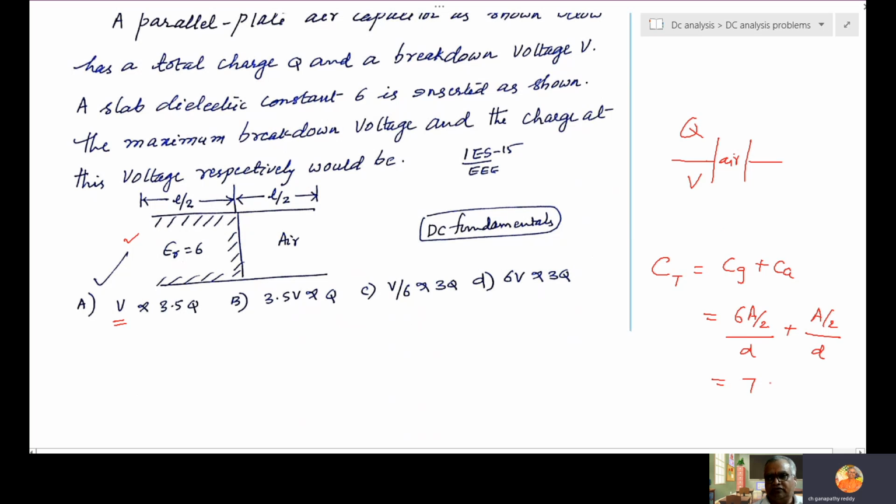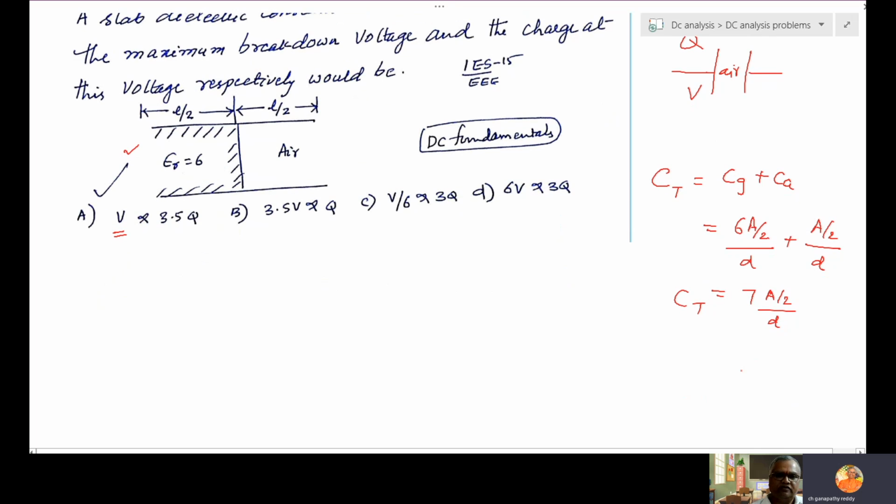So 7C, or otherwise 7 A by 2 by D is the total C equivalent. So how much has C equivalent increased? 7 times increased.